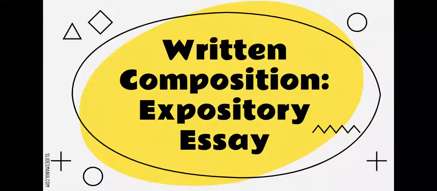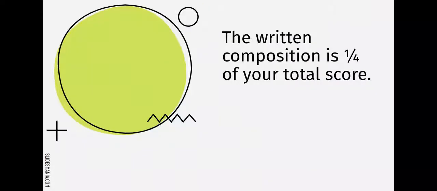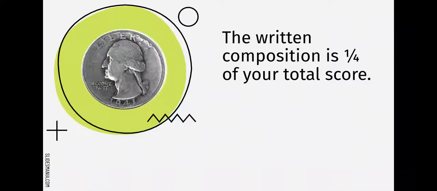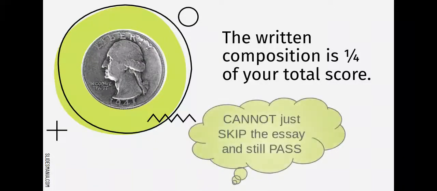And freshman year, that means expository essay. The written composition is 1/4 of your total score. So it's 1/4 of your grade, which means you cannot just skip the essay and still pass the test. And remember, you must pass your English 1 EOC in order to graduate.